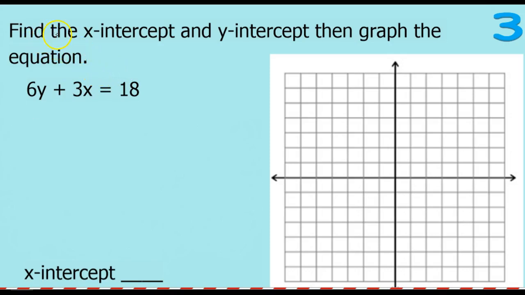Alright, here it says find the x-intercept and y-intercept, then graph the equation. Well, how are we going to do that? We know that for the x-intercept, our point is going to be at something x, 0.